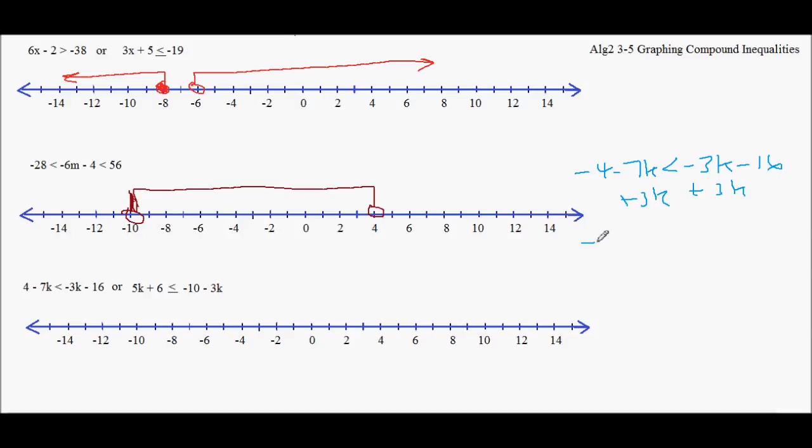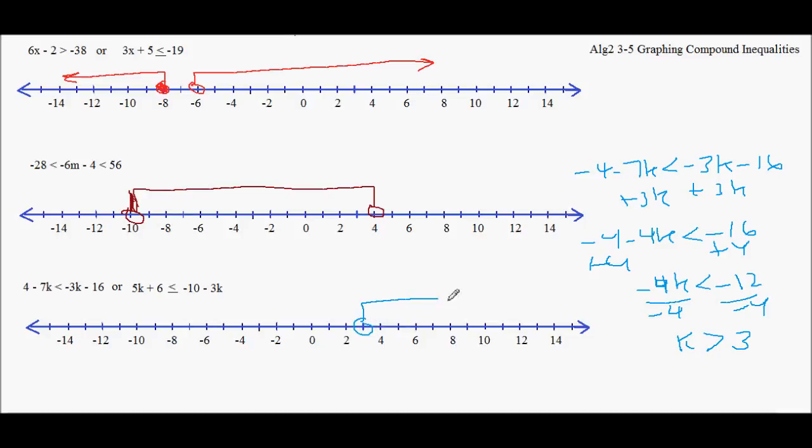Negative 4 minus 4k is less than negative 16. Add 4 to both sides. I get negative 4k is less than negative 12. I divide by negative 4, and I have to flip the inequality, and I get 3. So k is greater than 3. Okay, so that's going to look like that.